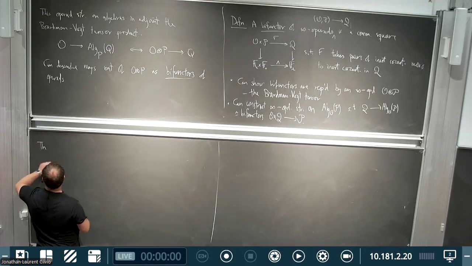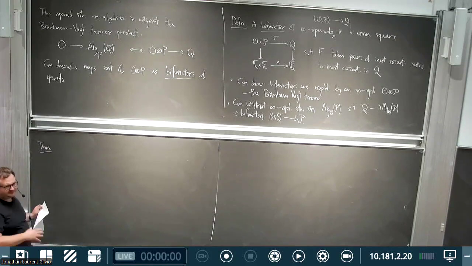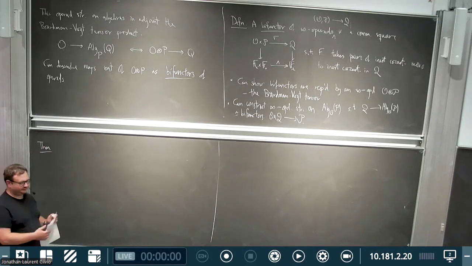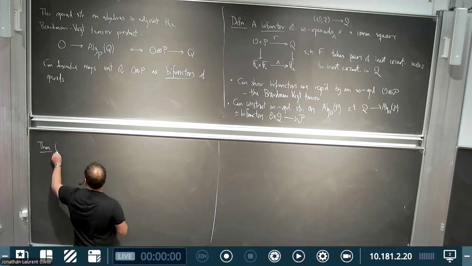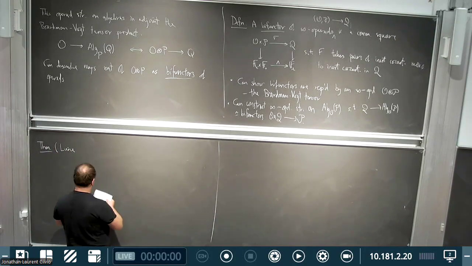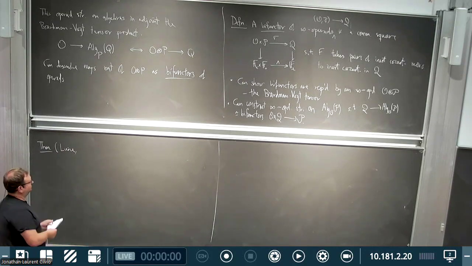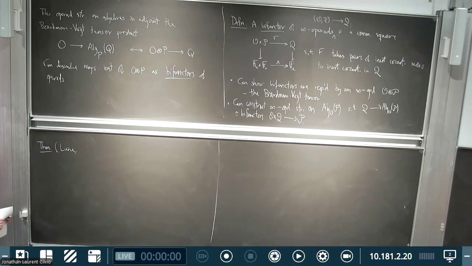Then in fact, what takes more work is that we can show that this Boardman-Vogt tensor actually gives you a symmetric monoidal structure on infinity operads. Lurie proves this in Higher Algebra, with a kind of model categorical proof, I would say.